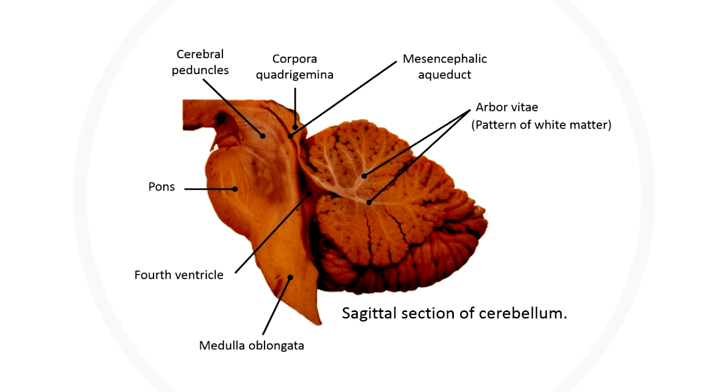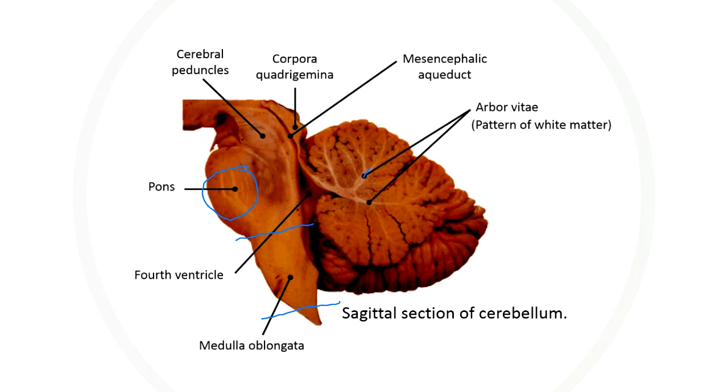So this is the tree of life I was talking to you about. These white things, okay? If you cut the cerebellum in half, which is what's shown here, you see these white matter projections called the tree of life. So this is where the pons, where we were talking about, okay? The medulla oblongata is right below it.